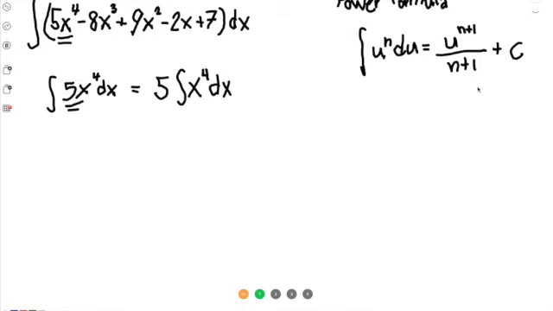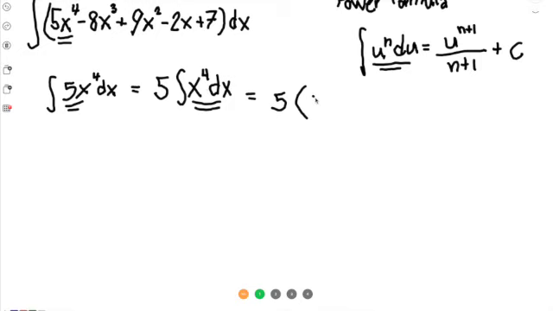So this one you increase it by 1 and you divide it by the exponent plus 1. Alright, so since our function inside the integral sign is somehow looking like this, we just need to do the substitutions. The answer should be equal to 5 multiplied by x. What would be the power now?